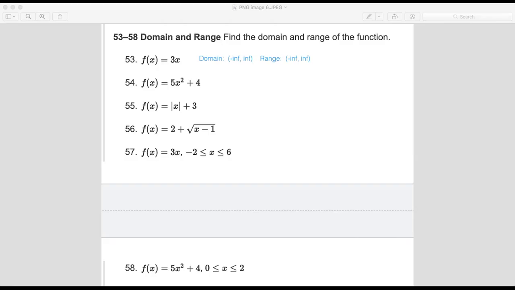It doesn't matter. It works. You're able to figure out the answer. So we're going to say domain is all real numbers, negative infinity to positive infinity. However, you won't get the same thing for range. You want to think about what the lowest value would be. So simply put, this is a parabola.